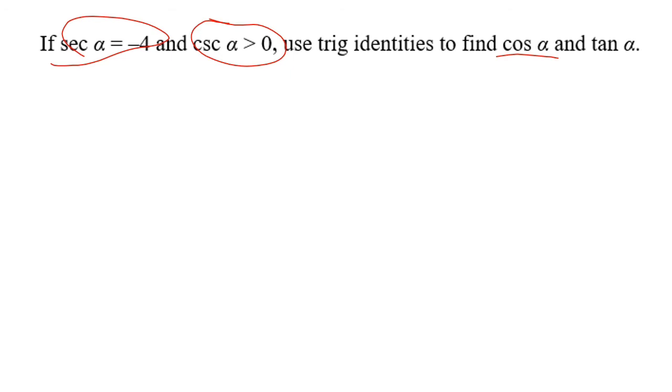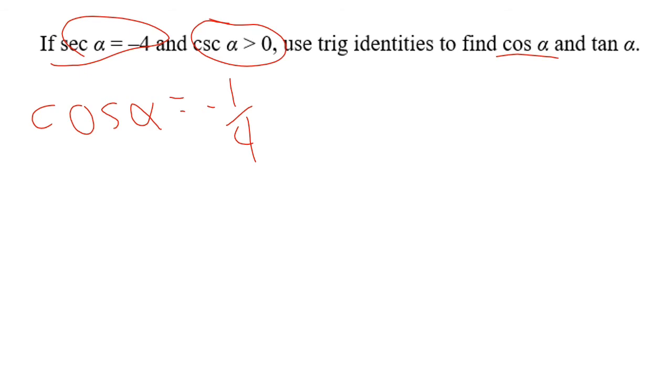Well, they're reciprocals of each other. So all I have to do is flip that and I have cosine. Cosine alpha is going to be equal to negative 1/4. The end. I don't really have to try to figure out which quadrant it's in to know if it's positive or negative, because if secant is negative, cosine is a reciprocal, it's also going to be negative.